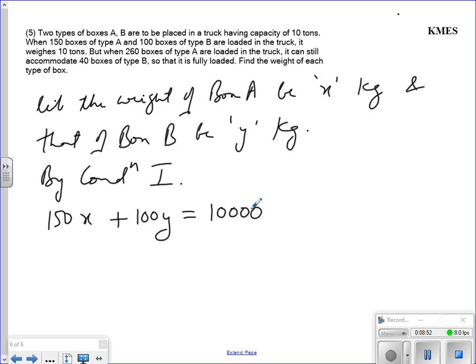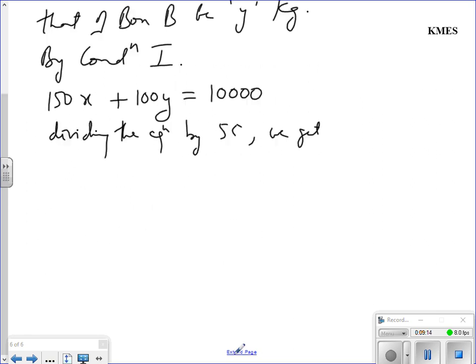But if you notice here, we can reduce this equation to suit us. To reduce this equation, we'll divide the equation by 50. So dividing the equation by 50, we get, if I divide 150x by 50, I will get 3x plus 2y.